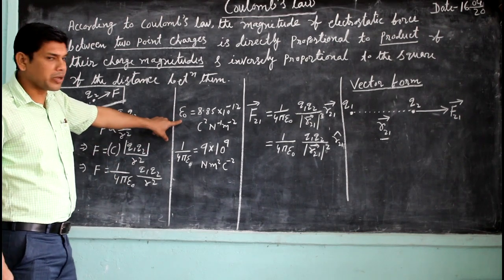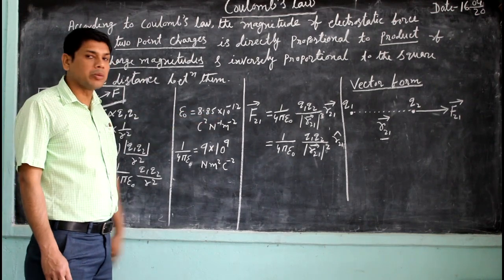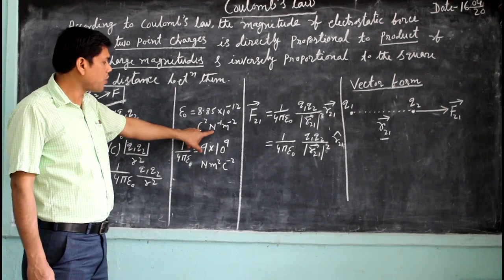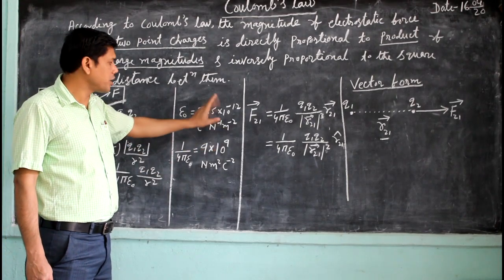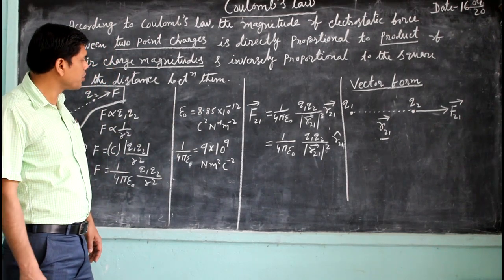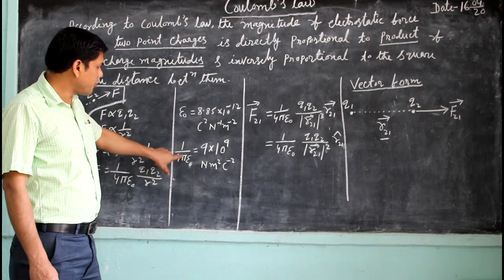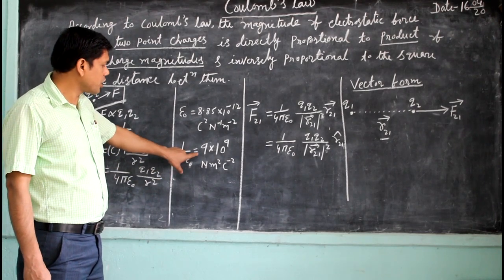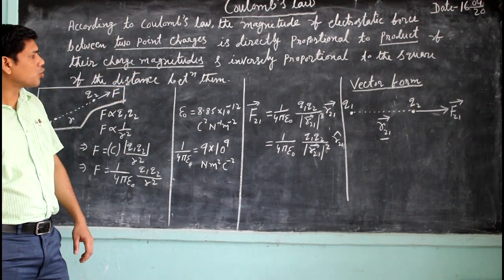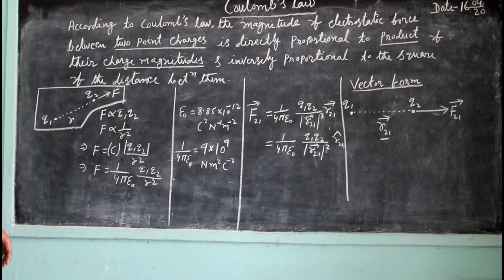The value of epsilon naught equals 8.85 into 10 to the minus 12. Its unit in the SI system is Coulomb square per Newton meter square. It will be better for you to memorize this value. And the value of 1 by 4 pi epsilon naught equals 9 into 10 to the power 9 Newton meter square per Coulomb square. So this is the mathematical form of Coulomb's law.